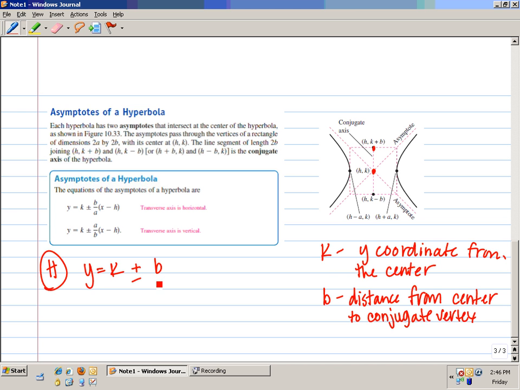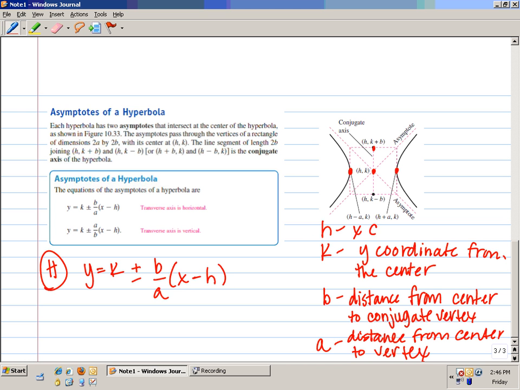Then a. a is the distance from the center to our vertex. That's what we call like our actual vertex right here. Or you could call it the transversal vertex if you want to get fancy. Then we have x, which stays as your variable, not going to change, minus h, and h is the x coordinate.